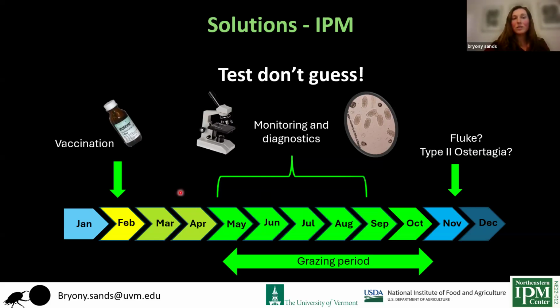There's other things we can do preventatively here, like vaccination. So there are vaccinations for lungworm and for clostridial diseases that are transmitted by fluke. So that can really help to prevent problems from popping up in the first place.